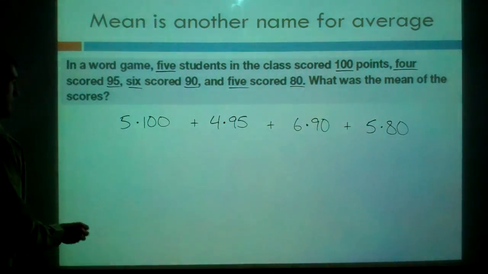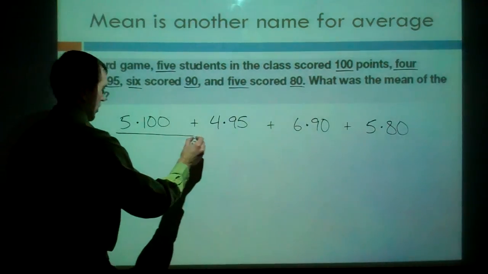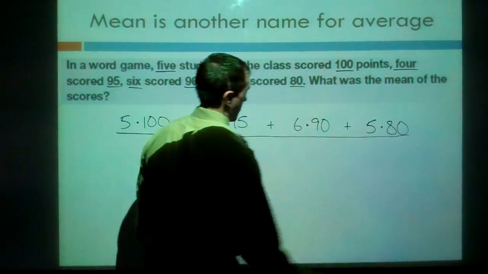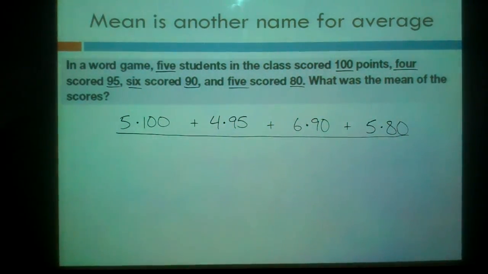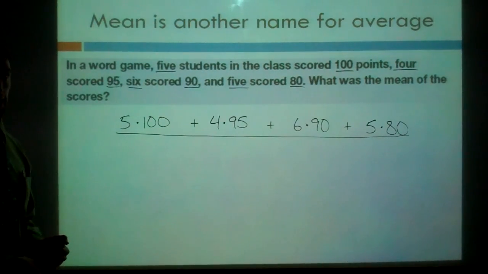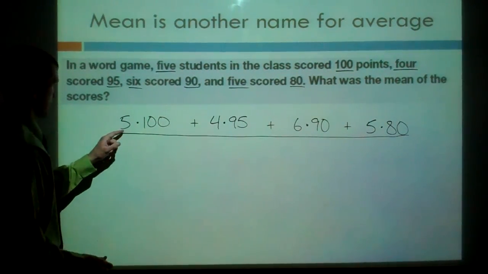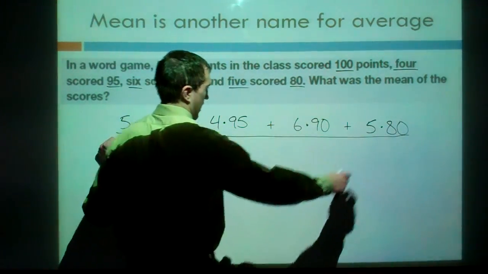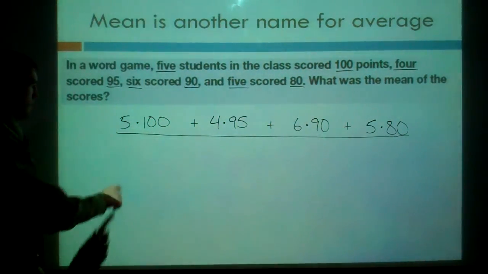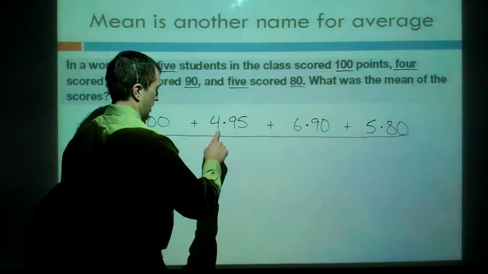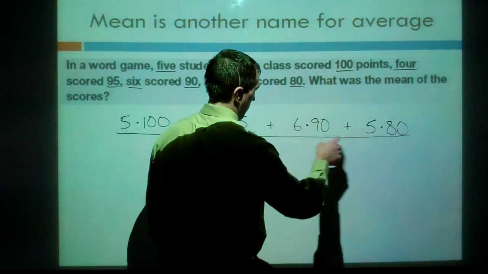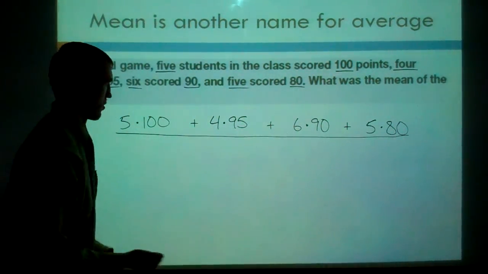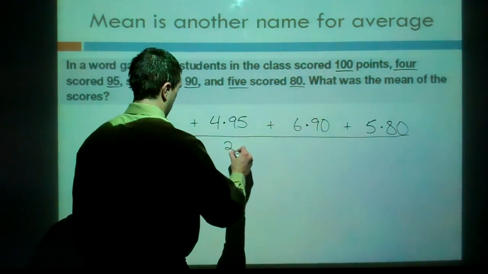Now, how many do we actually have is the question. What are we going to divide by when this is all said and done? Well, we're going to divide by how many scores we have. Well, we've got 5 scores plus 4 scores plus 6 scores plus 5 scores. So really we have 5, 9, 15, 20. We have 20 scores all together.